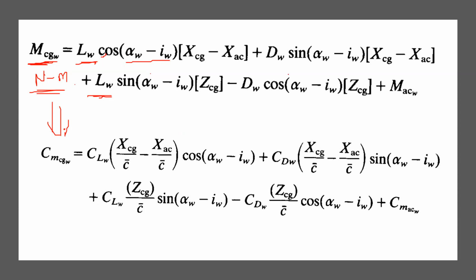Because usually the coefficients are defined in such a manner. Let's say this is lift force, and this is Q infinity, and this is area, and let's say CL. So how do you define CL?